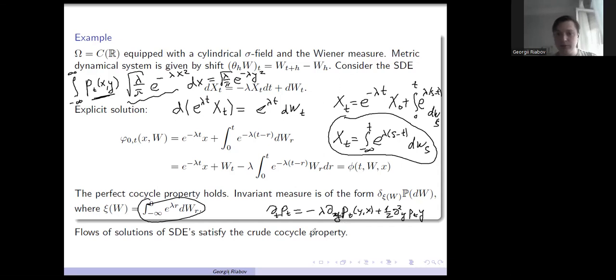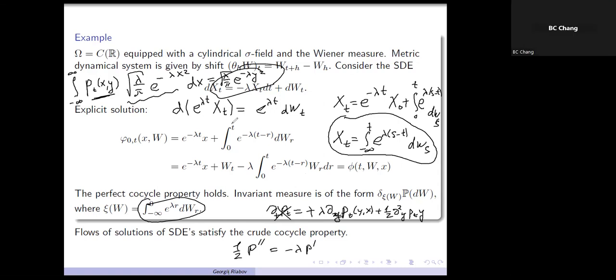You solve for the invariant measure. You don't have the derivative in time, so you have just 1/2 p double prime equals minus lambda (x p) prime. I think if you solve this, and assume that p is a probability density, you will get the invariant measure. Okay, I will try it. Thank you.